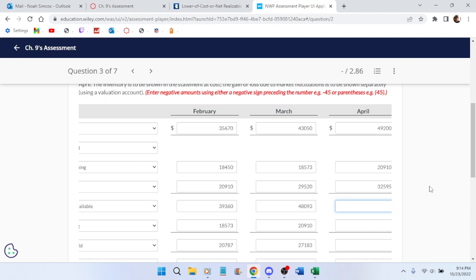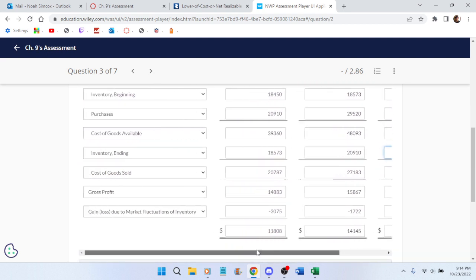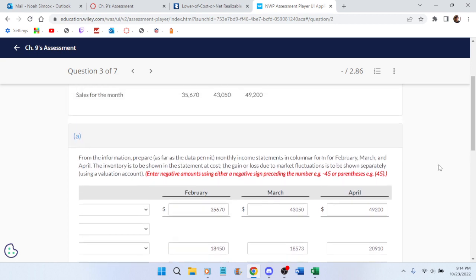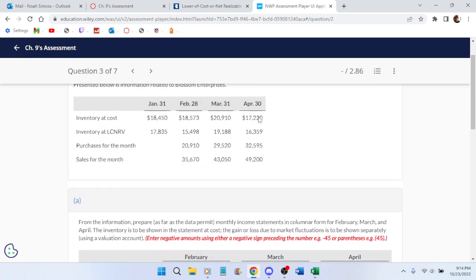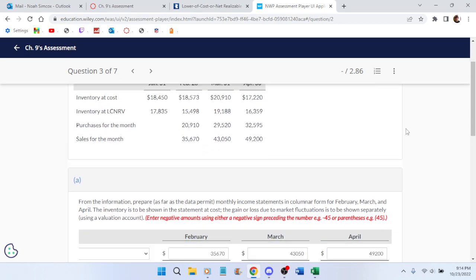20,910 plus 32,595 is 53,505. Ending inventory for April is 17,220.